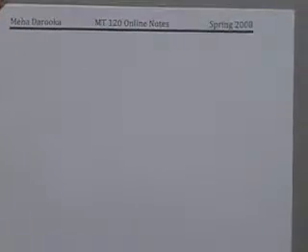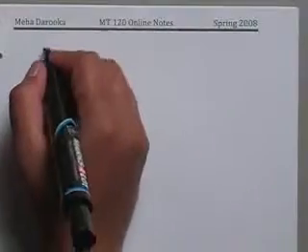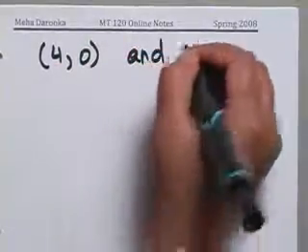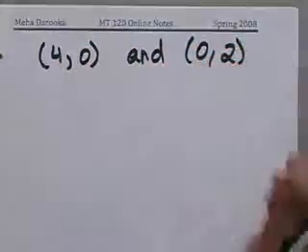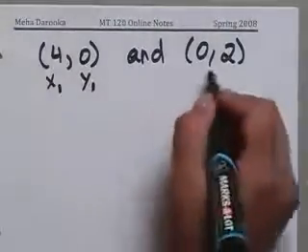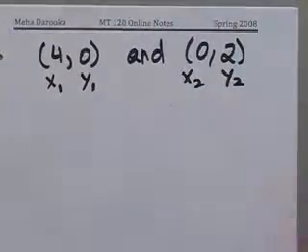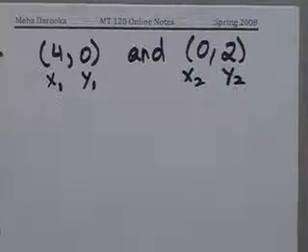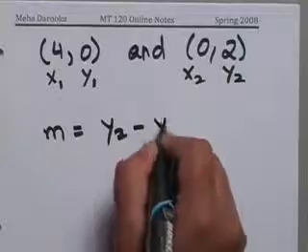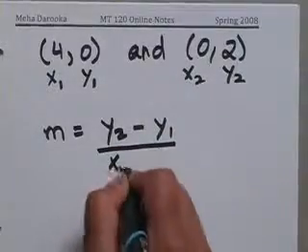Alright, now let's see how we can use these 2 points to help us come up with the slope of this given equation. We came up with our x-intercept as 4, 0, and we came up with our y-intercept as 0, 2. Again, I want to go ahead and assign my x2, y2, and x1, y1 to these points, and now I can plug these into my slope formula.